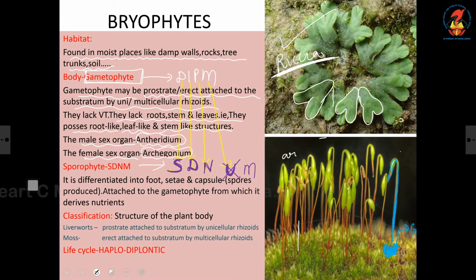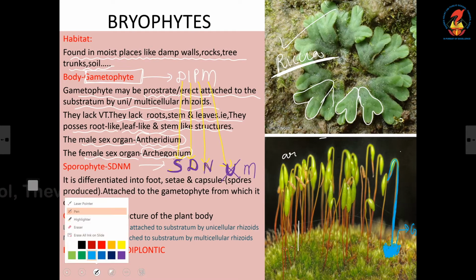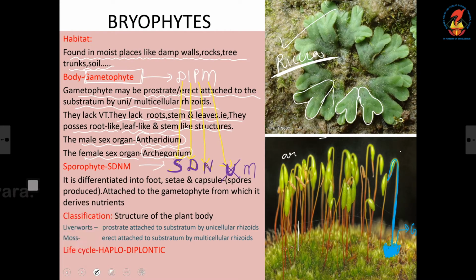The down, which is in blue like a grass-like structure, depicts the gametophyte. This upper portion which is projecting up, one stalk-like region and then a bulb-like structure, represents the sporophyte.